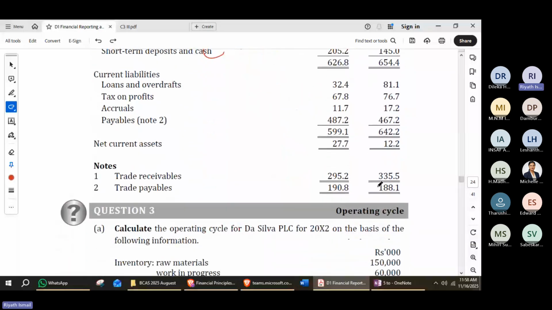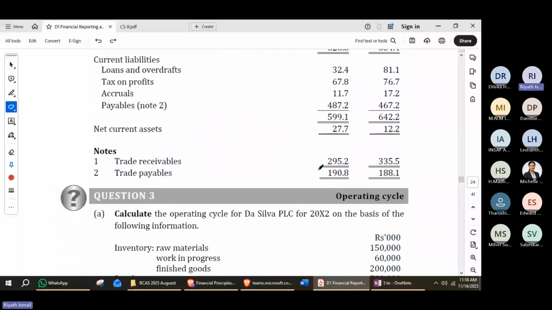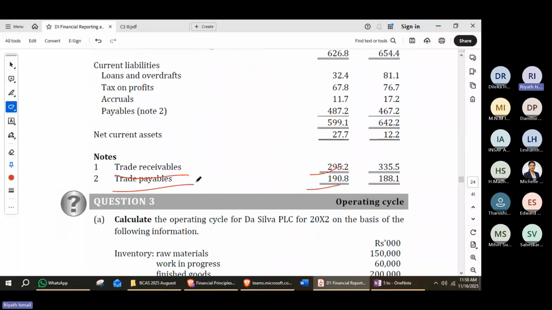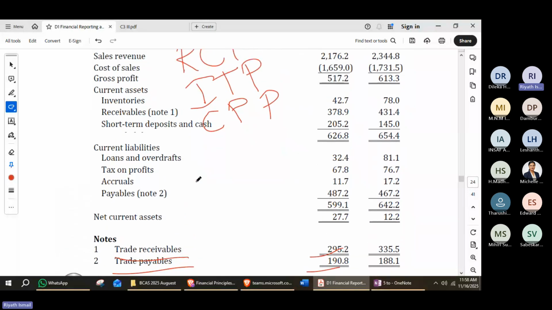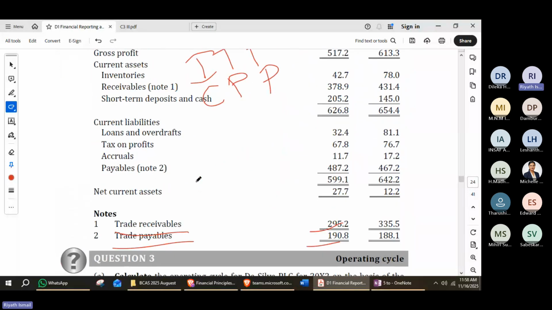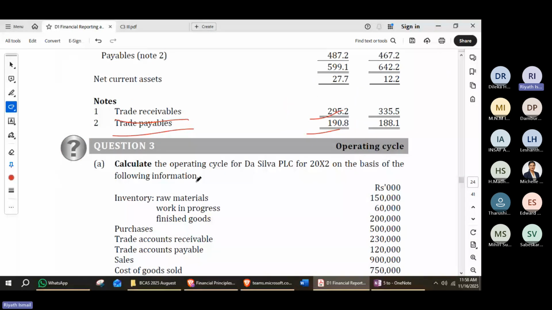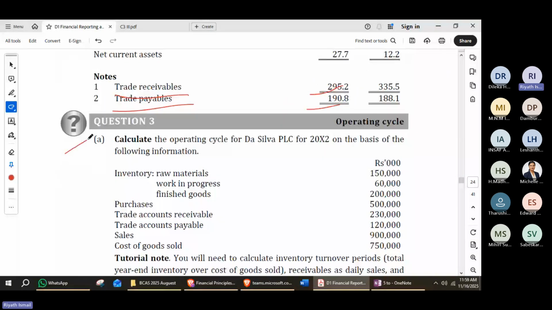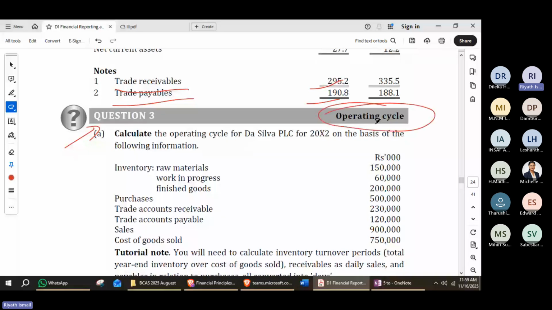So here they give some of the notes. The trade receivable is given and trade payable also given, and this is accruals. And example questions 2 and 3 are also on the operating cycle.